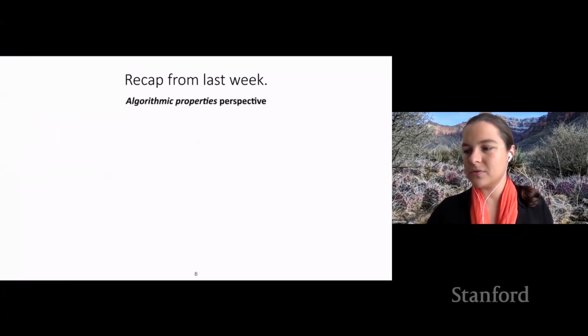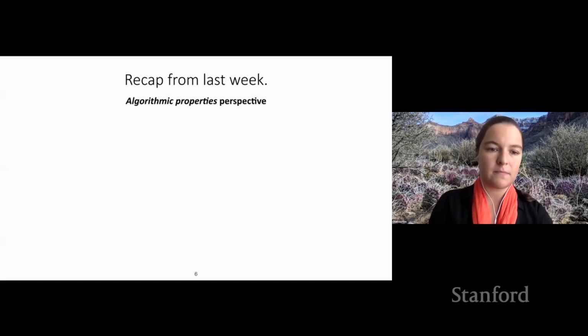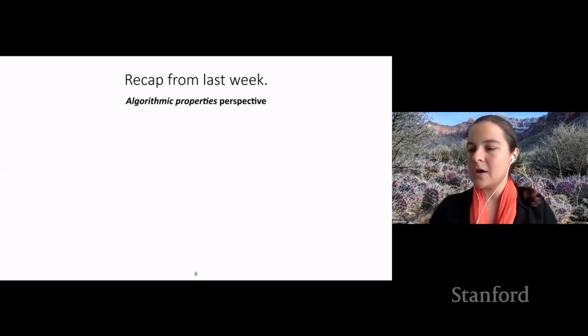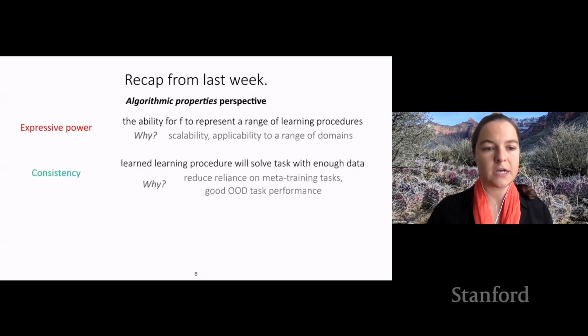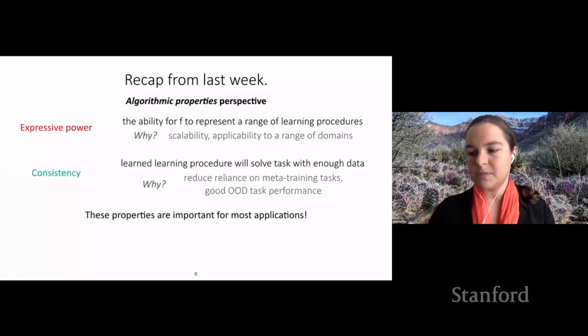And then we also thought about the algorithms from their algorithmic properties, where one property was thinking about the expressive power of the metalearner, and another property was thinking about the consistency of the metalearner. And these two properties are both quite important for a lot of applications.